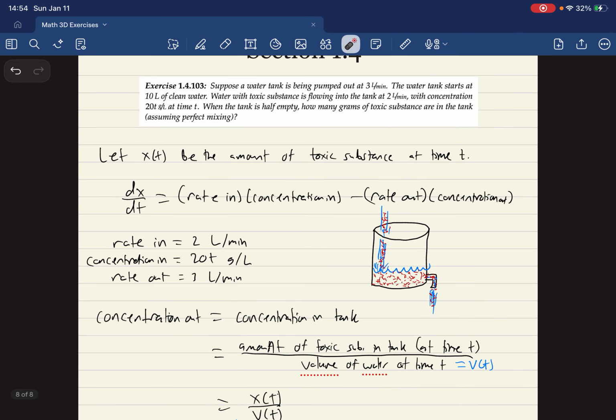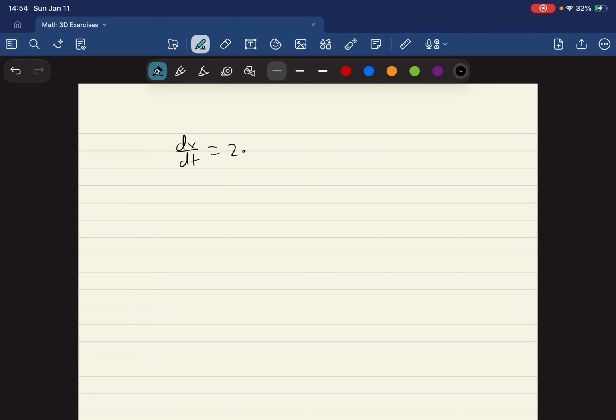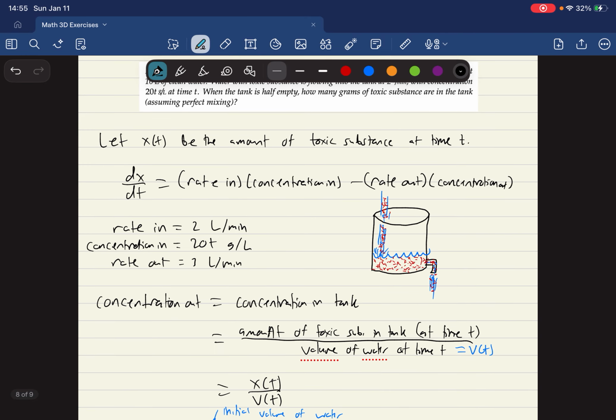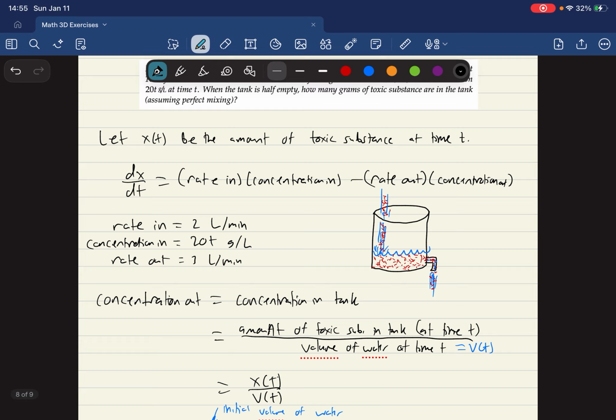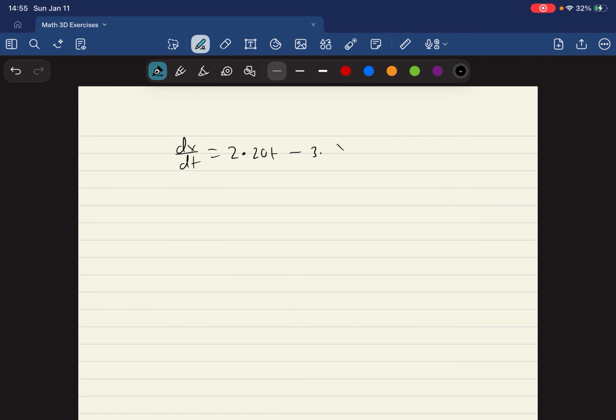But anyway, turning to the next page, what this means is just plugging in all the numbers I had from the previous page. Our rate in, once again, was 2 liters per minute. Concentration in was 20t. And we're subtracting the rate out, which is 3 liters per minute, times our expression for the concentration out, which is x of t over v of t.